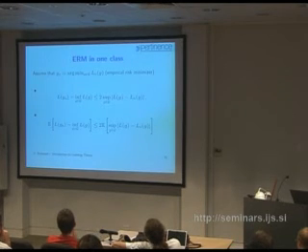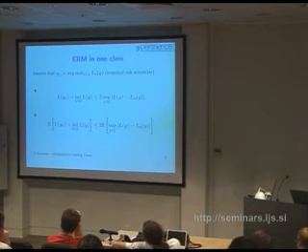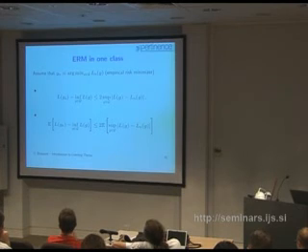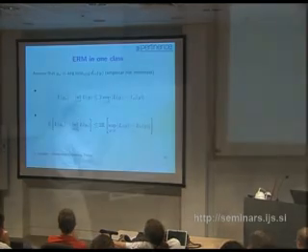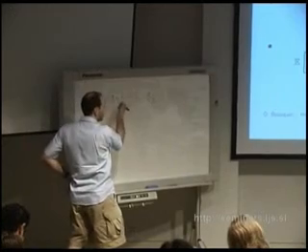Okay, so let me write it. We want to compute L of Gn minus L of G capital G. So what we do is we rewrite this by introducing the empirical version of that.